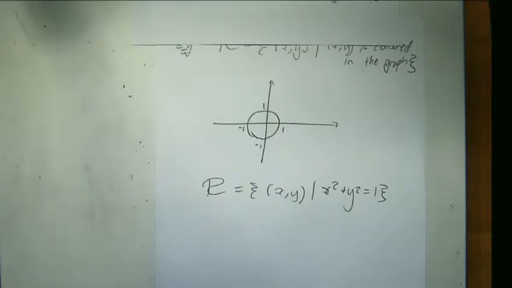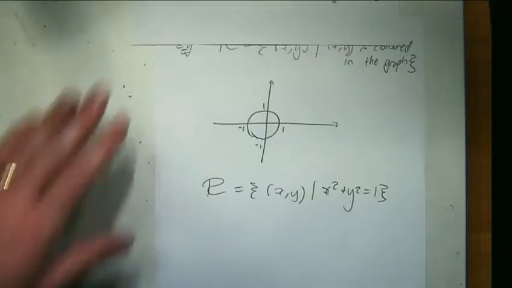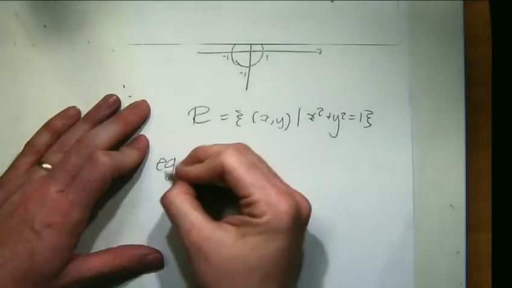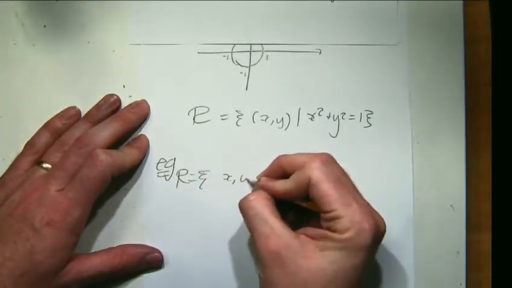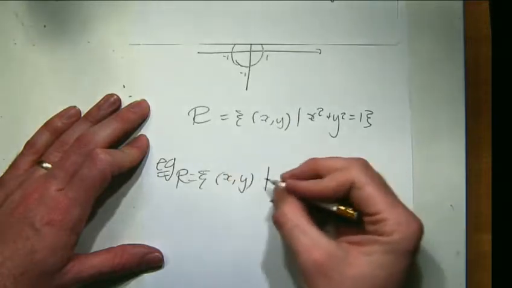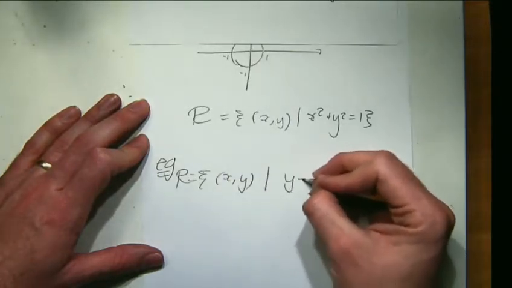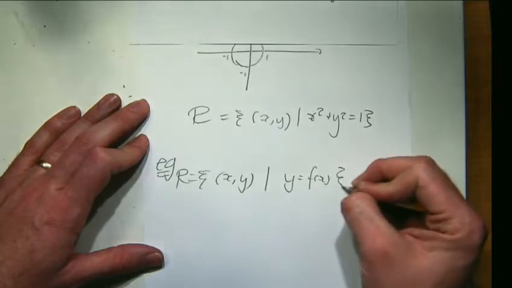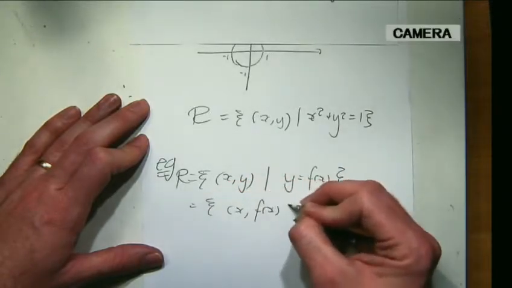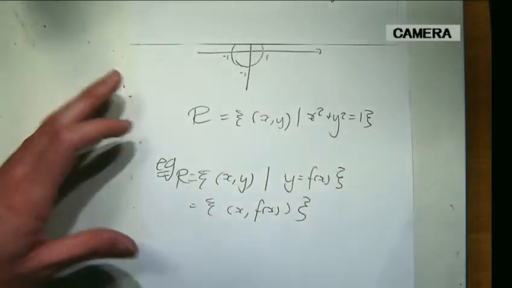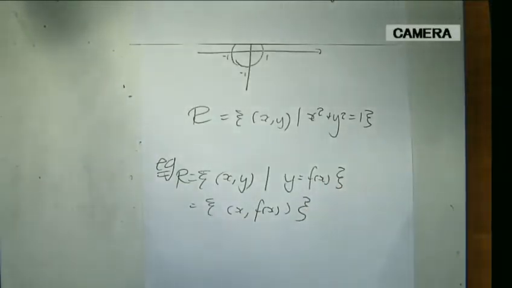So our traditional version of function matches with the relation version of function as either this or this, where x is in wherever x comes from.